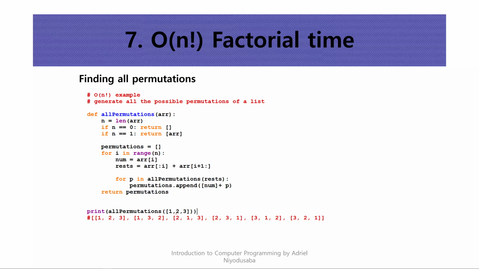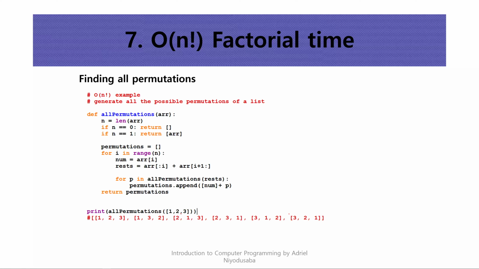Now the last and usually the slowest and the most avoided time complexity, whenever possible by the way, is something called the factorial time. Now the factorial time is not seen too often, but one of the most famous situations where we have the factorial time complexity is if we want things that require us to generate or find all permutations of something. So for example, imagine I had this list of numbers 1, 2, 3, and I wanted to figure out how many ways I can rearrange these 3 numbers.